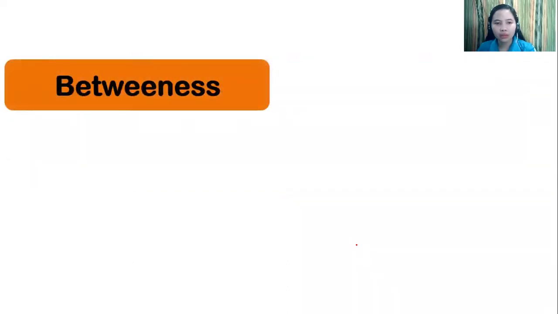How about what we call betweenness? So let's proceed with the defined terms. We are done with the undefined terms. Let's have the defined terms, or the definition of terms in geometry. Actually, class, we have 13 definitions, 7 theorems, 6 properties of postulates, and 3 postulates.